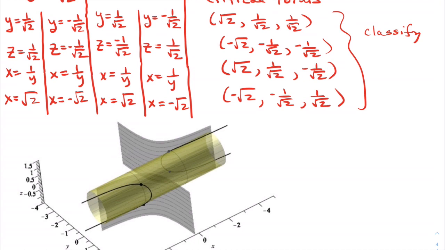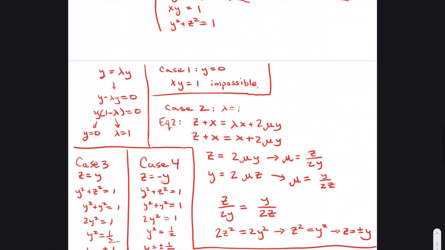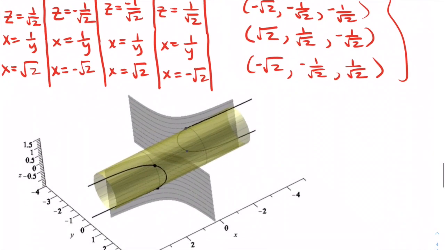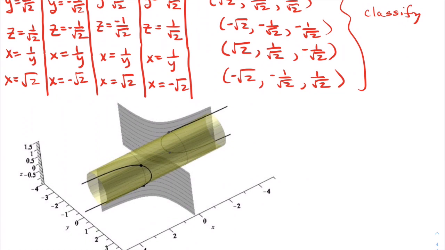Okay, so now I've pasted in an image of the constraint surfaces. Just as a reminder, one of the constraint surfaces is xy equals 1. That's a hyperbolic cylinder. And of course the other surface is a circular cylinder.